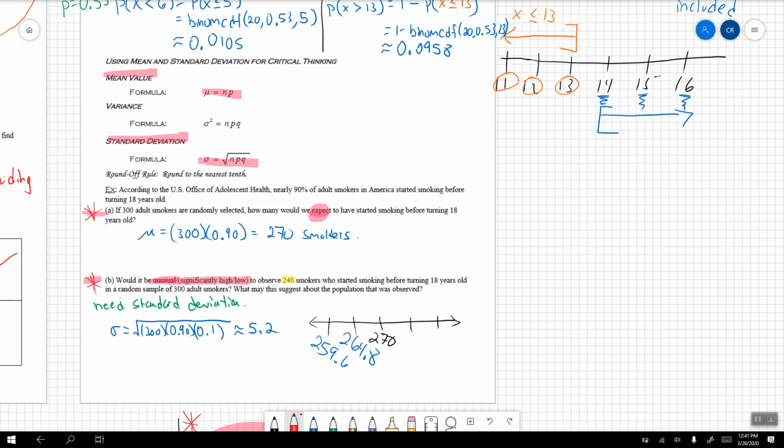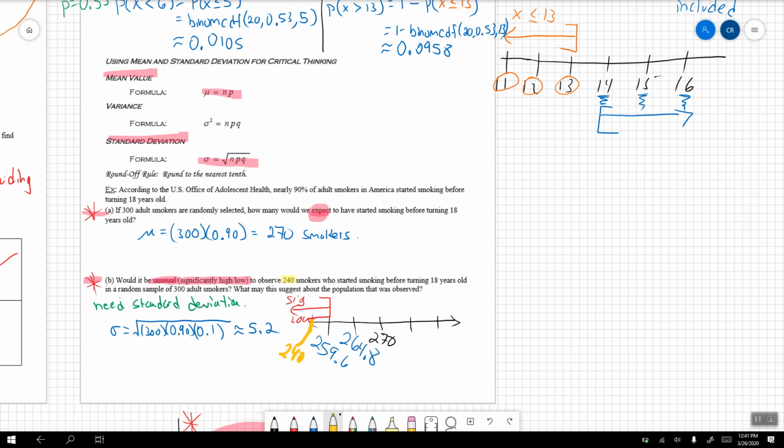All right, so anything to the left of this second standard deviation is significantly low. Where does 240 fall in that category? 240 probably falls somewhere in here.